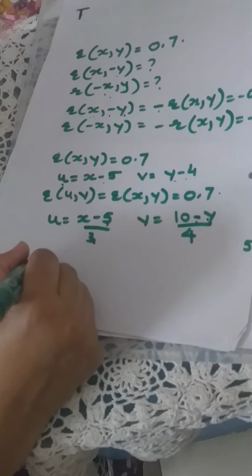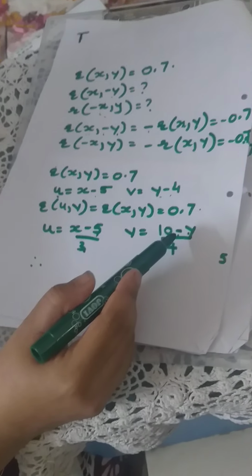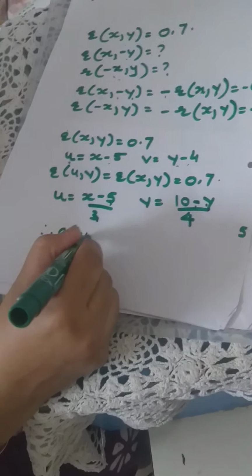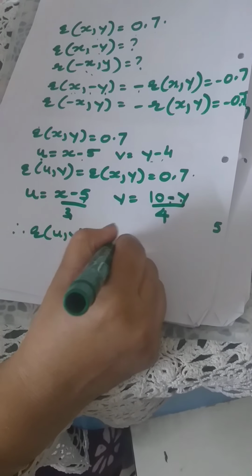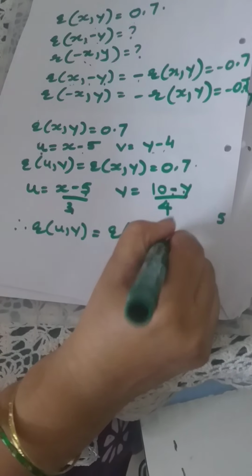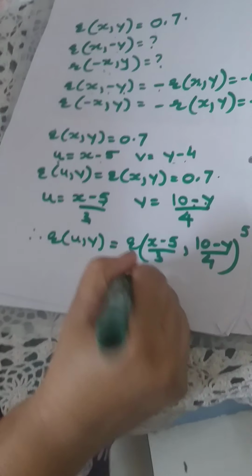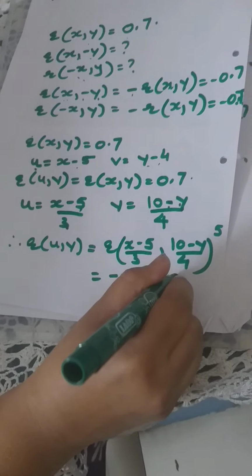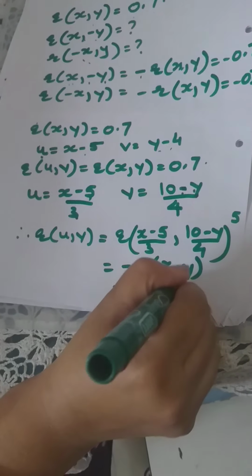So here the change of origin is there, scale is there, but the sign change is also there. So r u comma v will be equal to r of x minus 5 upon 3 and 10 minus y upon 4, and that is nothing else but minus r x comma y, which is equal to minus 0.7.